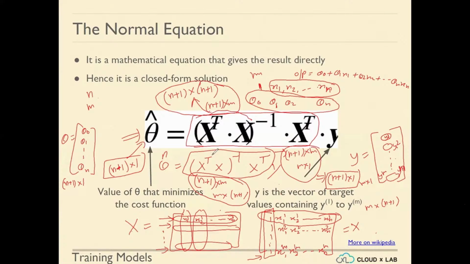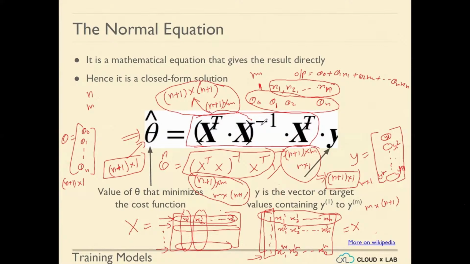When is such a solution feasible or practical? If you want to use this formula, then we must be able to do this inverse operation, because here the solution depends on the inverse. We are inverting a matrix.